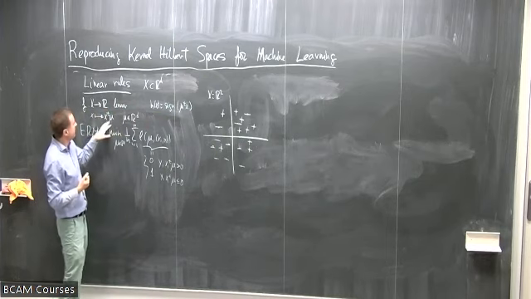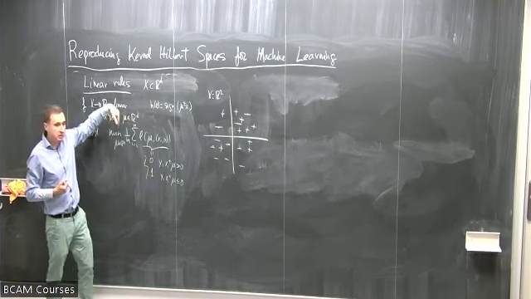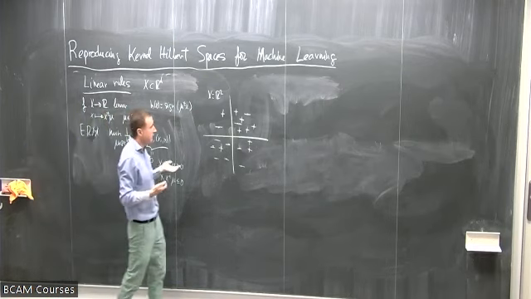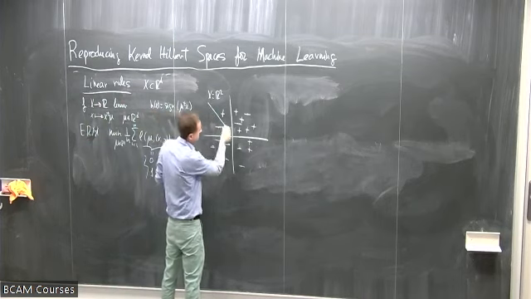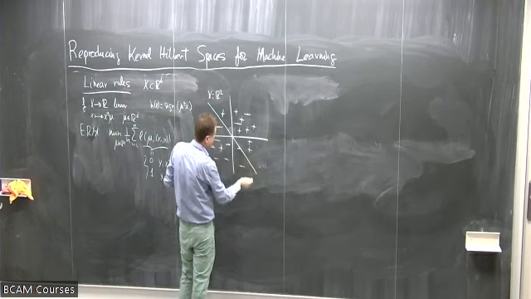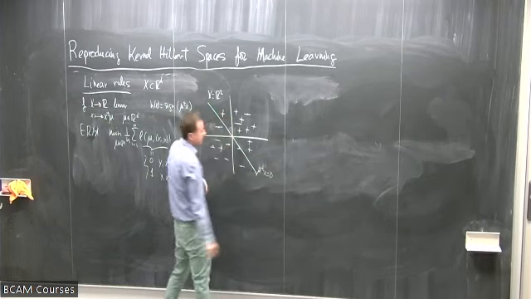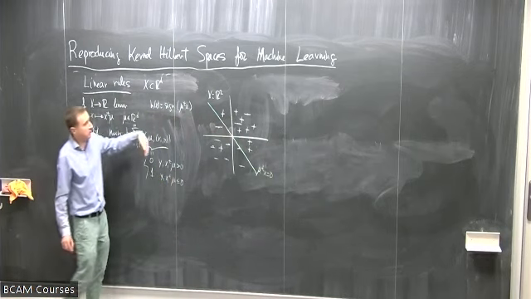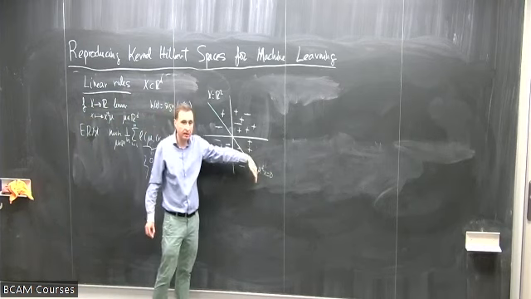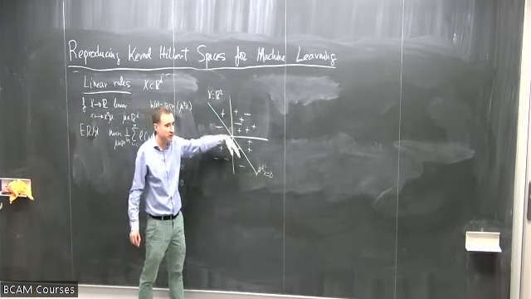If we are considering only this type of rules, we are doing something very simple. The functions we are considering are 0 on a hyperplane that goes through the origin.